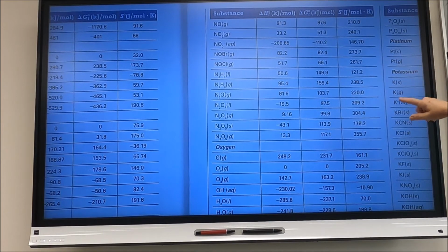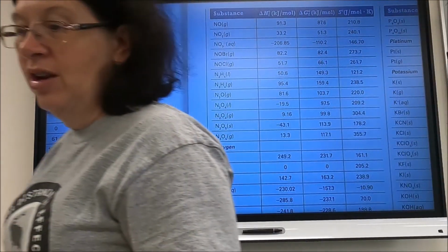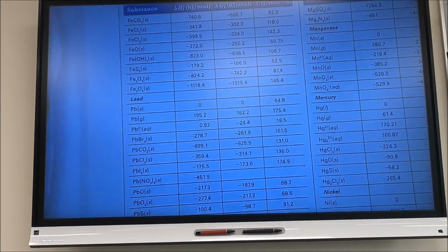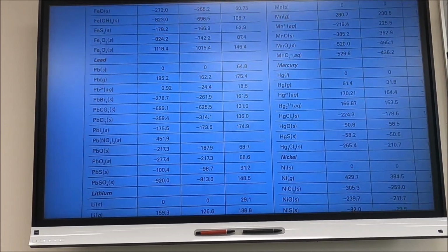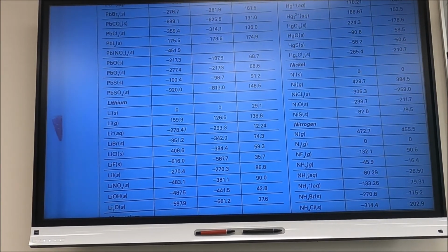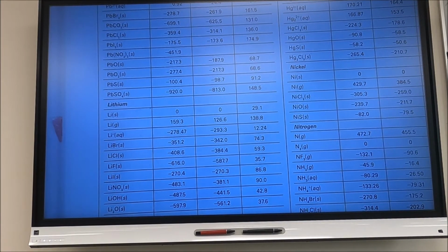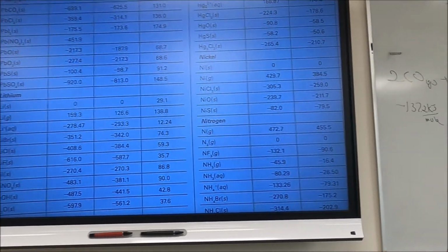And for nitrogen, just straight nitrogen, oh, that's just N, excuse me, it's 0. I was looking at the atom instead of the compound. All right, guys, so now we're ready to do some math.